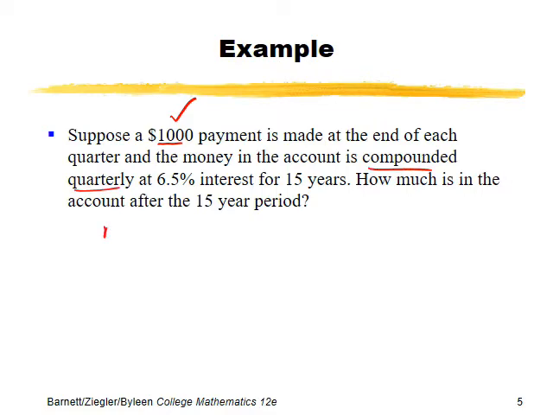Compounded quarterly tells us that M equals 4, at the rate of 6.5%. So R is 6.5% for 15 years, so T is 15. How much is in the account after 15 years?